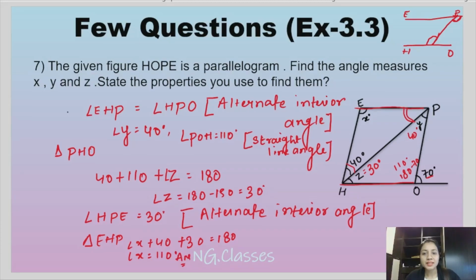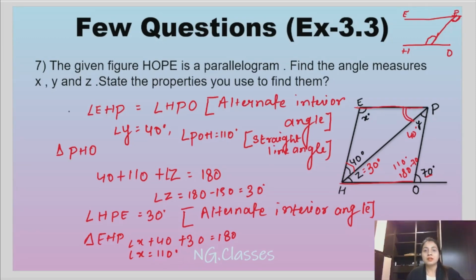Or we can simply find it like this. Since we are talking about a parallelogram, if this one is 110 degrees, the opposite angles are the same for a parallelogram. So the value of x will be 110 only. And that's our answer. We found the values of x, y and z.